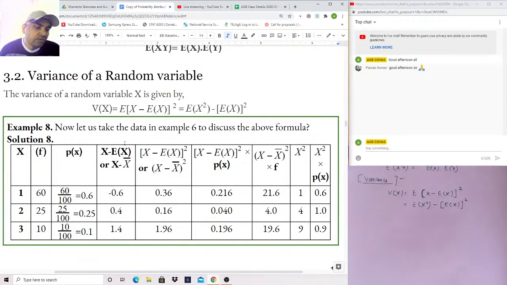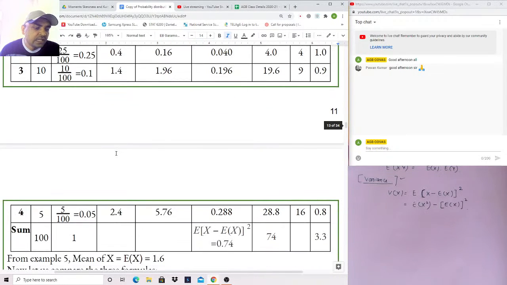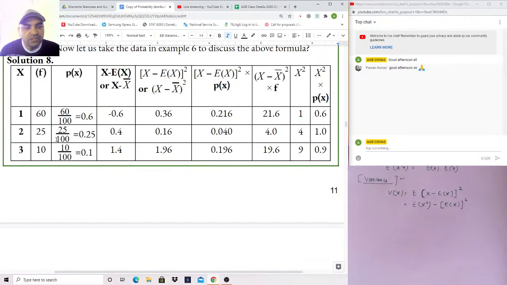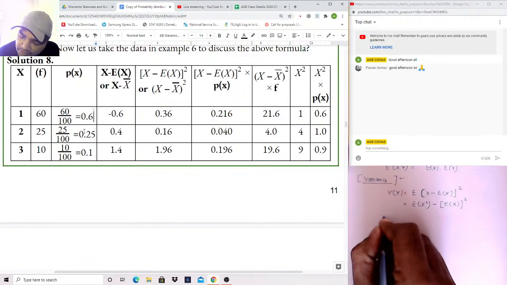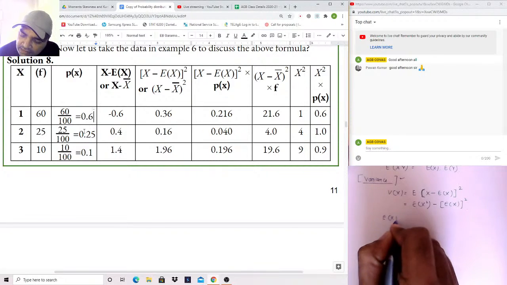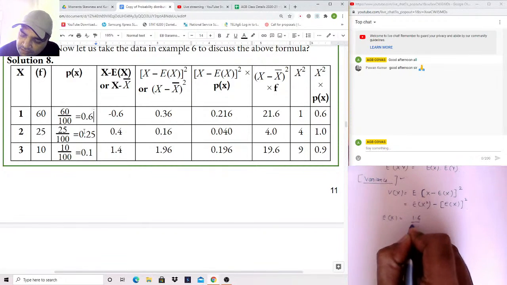Now we were having these values, that is 1, 2, 3, 4 kids, and we were having the relative frequency of births, and accordingly we had these probabilities. First of all, we have already calculated this E(X) in our previous example, and E(X) came out to be 1.6.